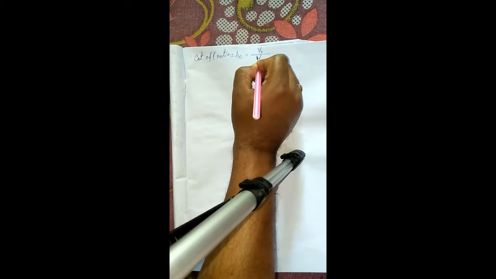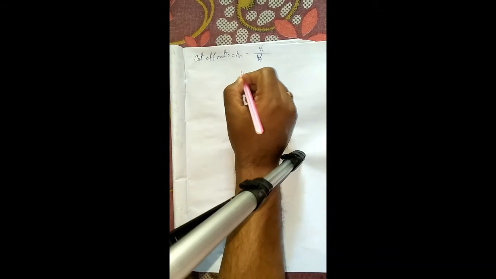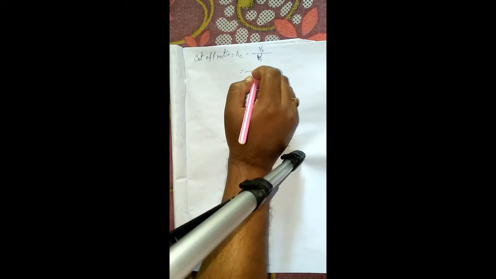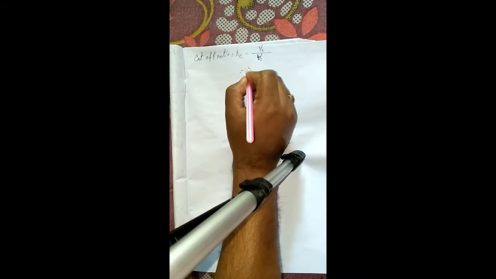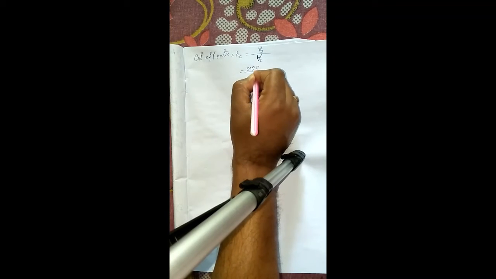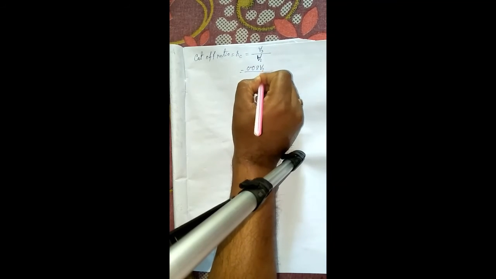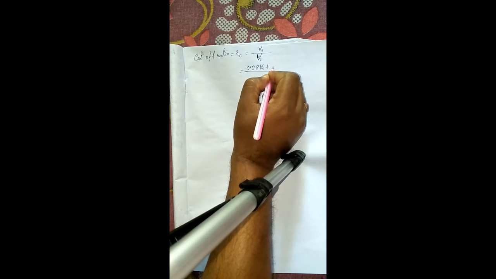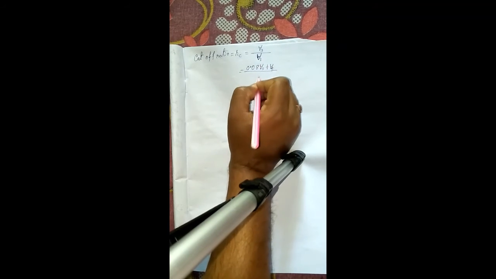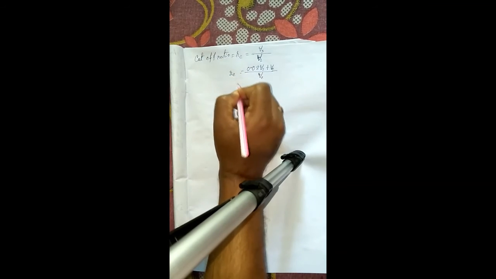So the V3 value is: cutoff takes place at 8% of the stroke volume Vs, plus the clearance volume, and V2 is the clearance volume.